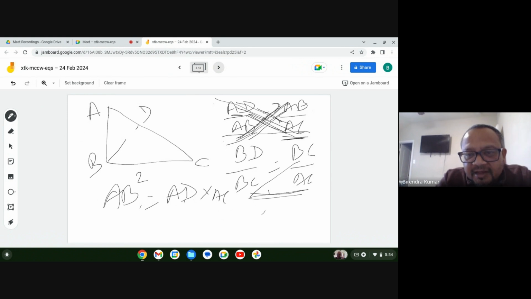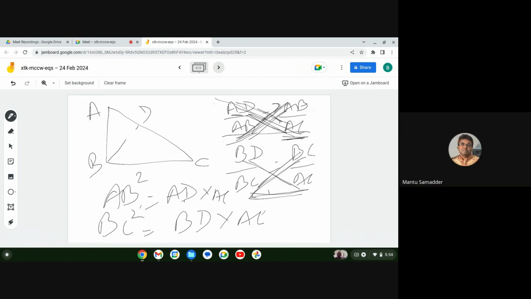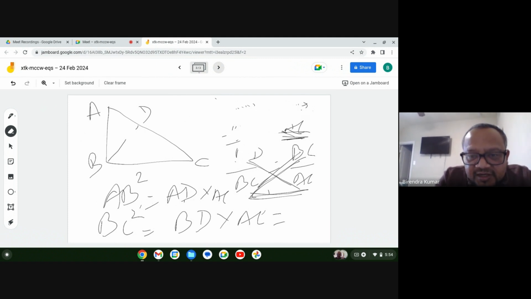Now look at this guy. Here also the same thing, I'm simplifying this. So this goes up, this goes here. So BC square equals BC into BC, this goes here, so BD into AC. Now what do you see here? I'm cleaning up this place because you guys have already noted down.